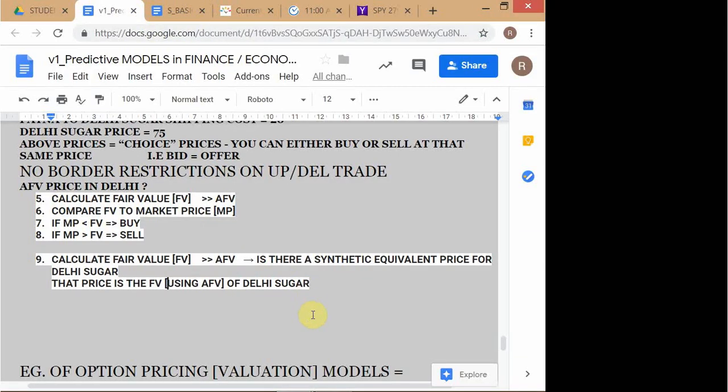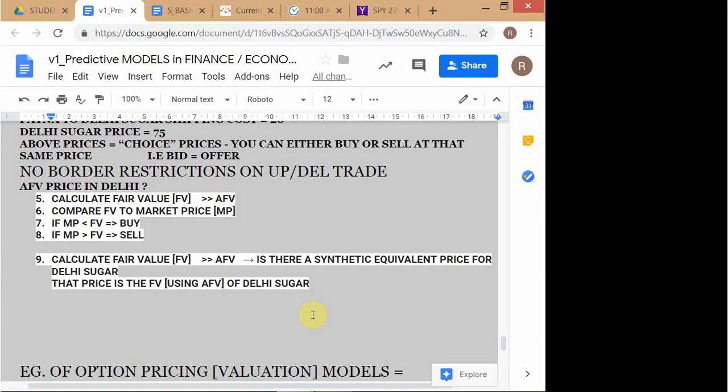This last part, okay? So calculate fair value. First you ask, is there a synthetic equivalent for Delhi sugar? And that synthetic equivalent price will be the fair value using AFV. Make sure you understand why I'm writing the language like this. These are all new concepts. So first you understand the concept of synthetic equivalent.